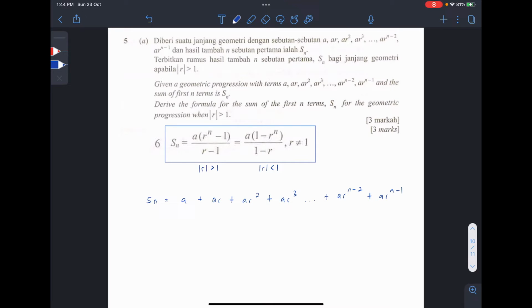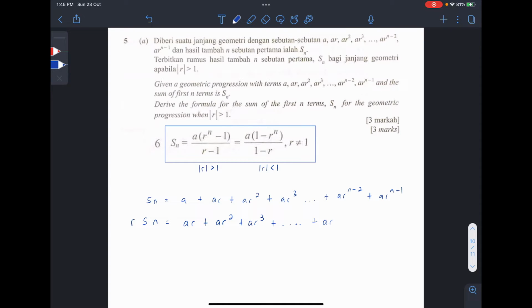Now, because there are too many terms over here, we need to reduce the terms through subtraction, and we are going to do that later on, but we need something to subtract it with. So we're going to multiply all the terms with the letter r. So rSn. What happens here is we're going to get ar plus ar squared plus ar cubed, plus dot dot dot, plus ar^(n-2) at the end.